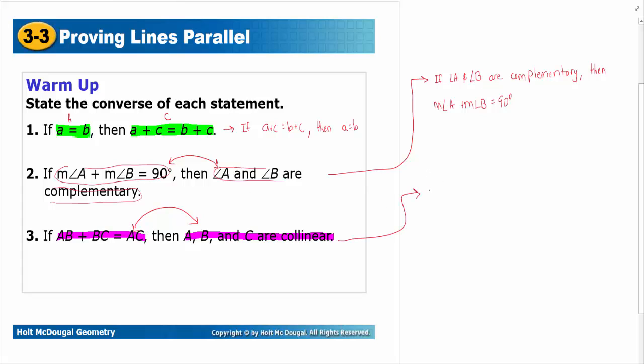Just double check that you had all this. So if A, B, and C are collinear, then AB plus BC equals AC. Okay, so there's your warm-up.